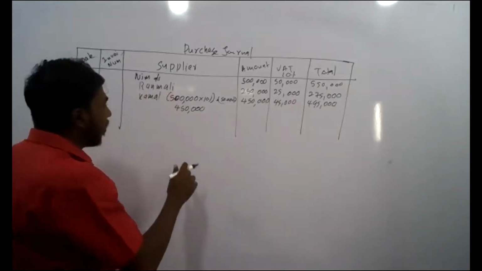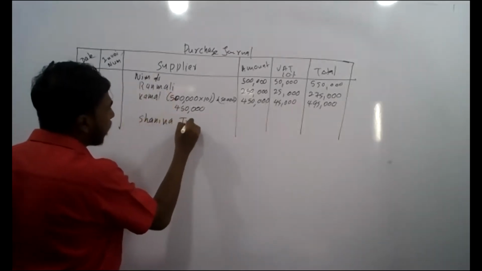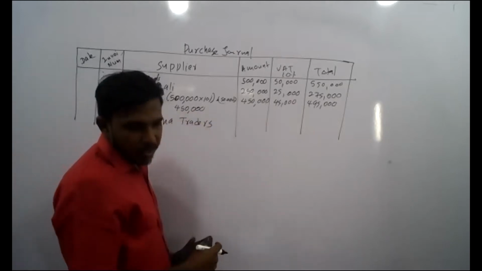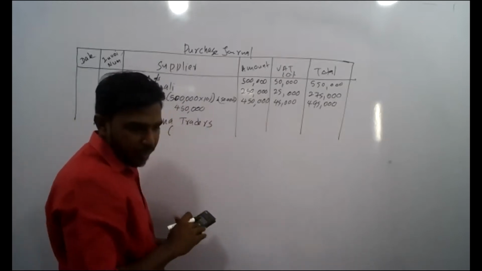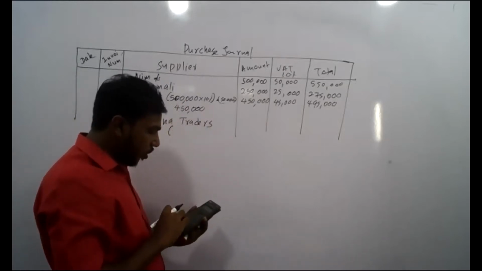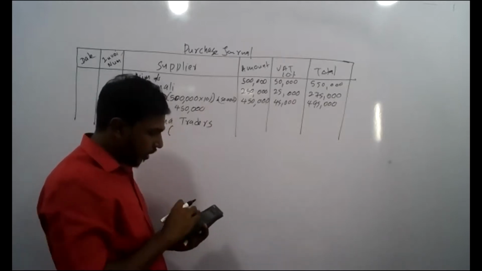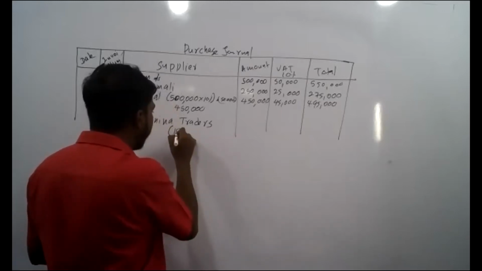Then the other one is Shanika Traders. You have to add two amounts, 80 into 200, but there's a trade discount. After allowing the trade discount of 5%, it is 15,200.